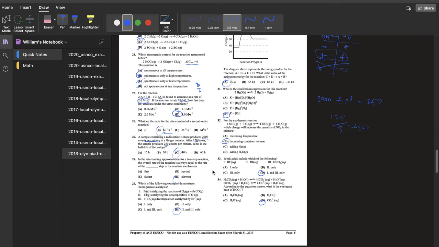28, rate limiting approximation. Okay, so basically you probably learned this in your Chem or AP Chem or IB Chem class. Yeah, you would just answer slowest. But the logic behind that is if you have a two-step reaction, say the first step is the slowest, the second step can't proceed until the first step produces enough of that product, right?